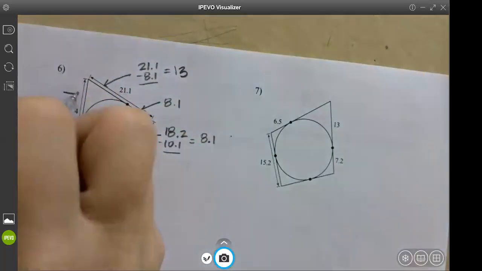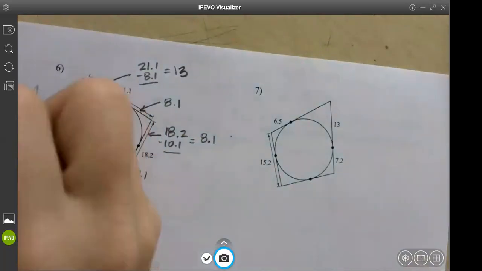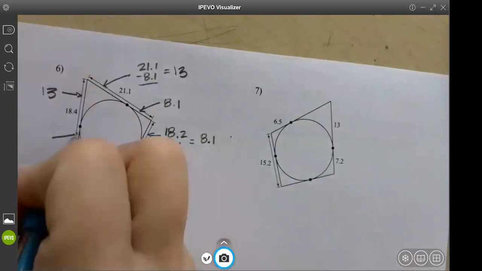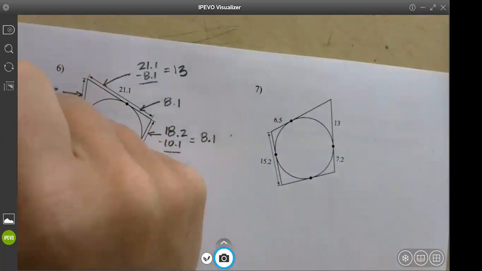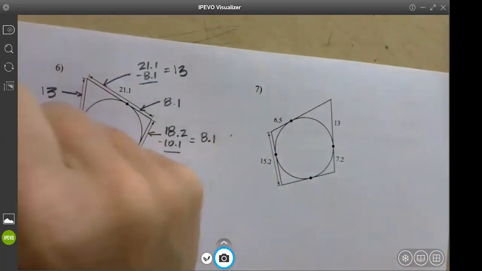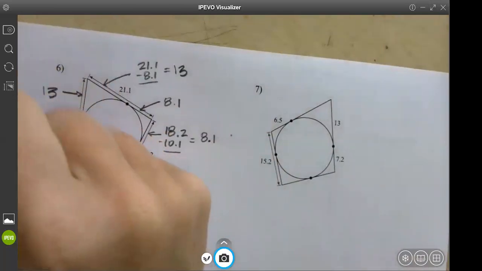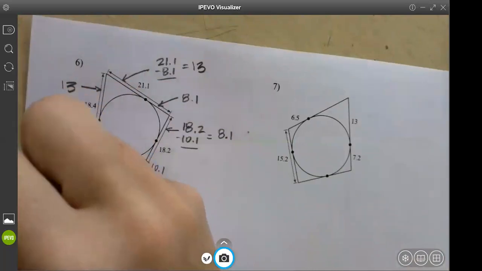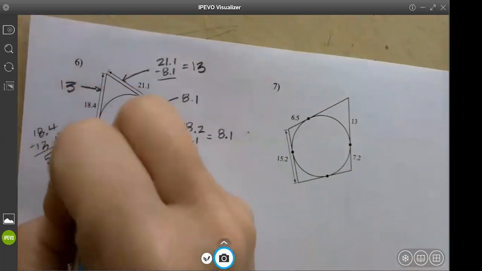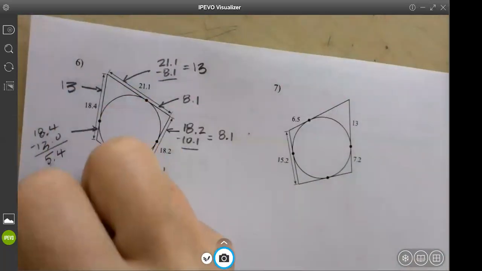So that means this part is 13. How do I find this little tiny part down here? 18.4 minus 13. Ooh, sorry. Gives us what? So then what's this little part?